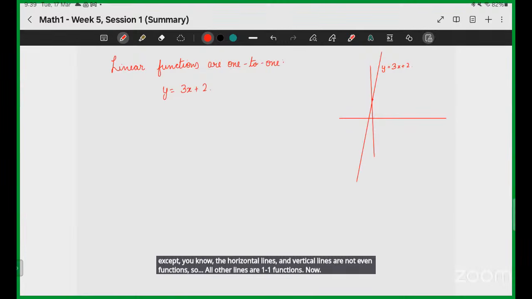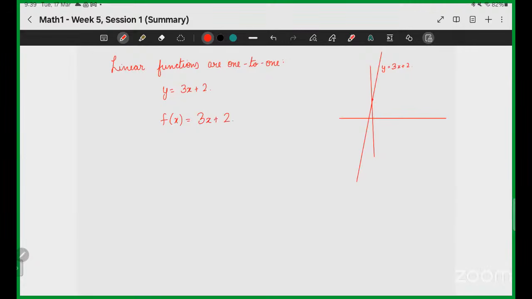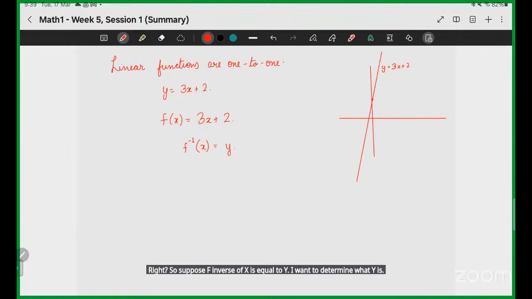Now, if I want to calculate the inverse of it, so the function is f of x is equal to 3x plus 2. Now I want to see what f inverse of x is equal to, right? Now suppose f inverse of x is equal to y. I want to determine what y is, right? What is the property of the inverse function?